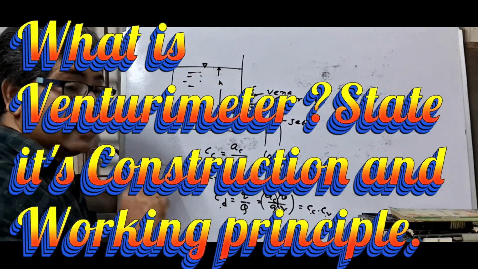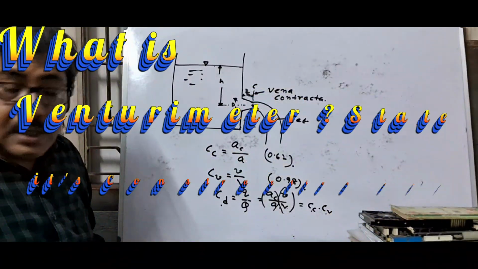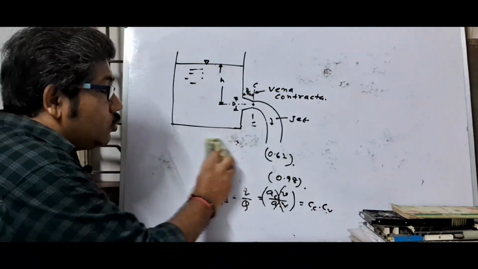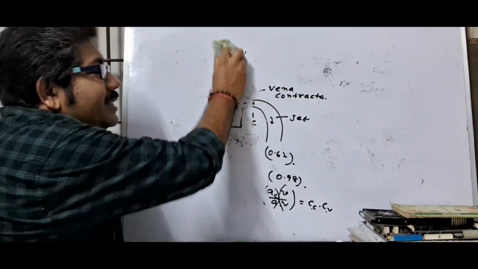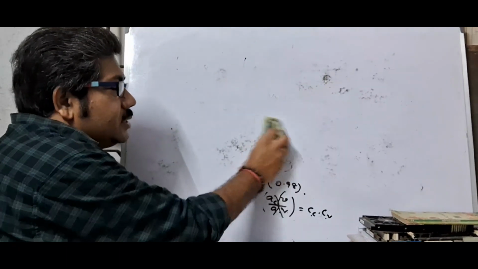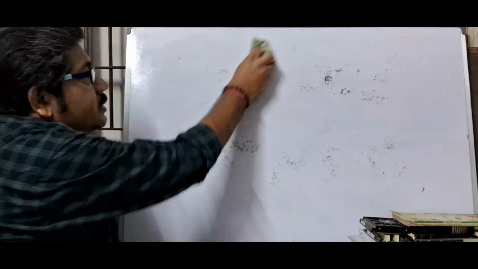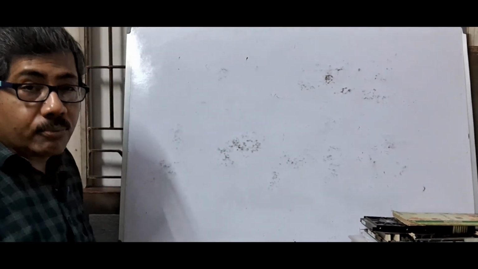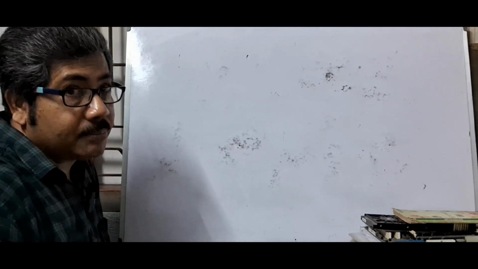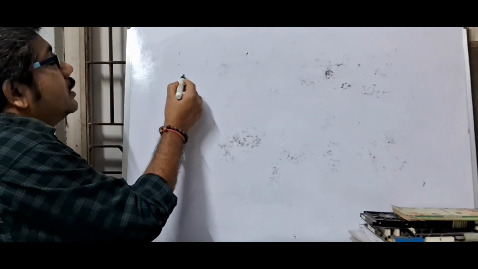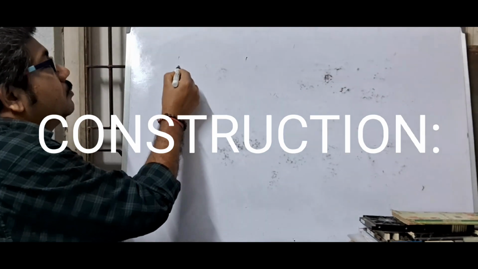Now, Venturimeter. Venturimeter is a device which measures discharge, that means the rate of flow through a pipe. Look at the board. This is pipe.